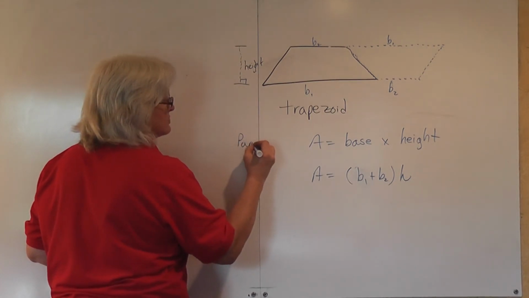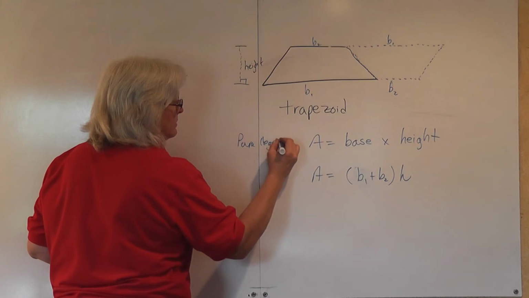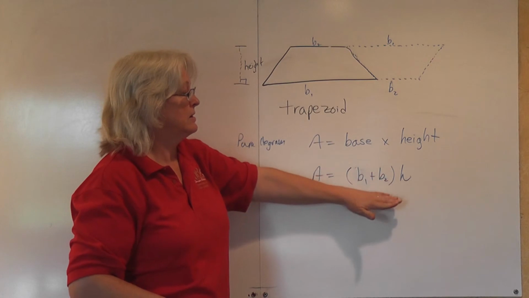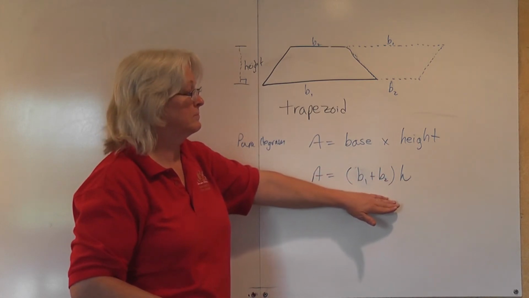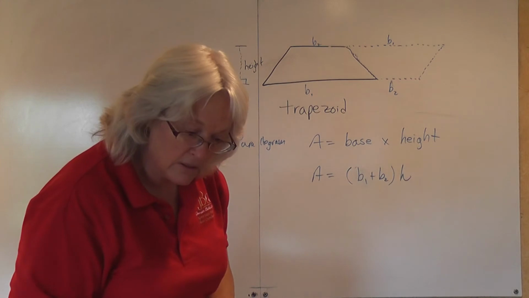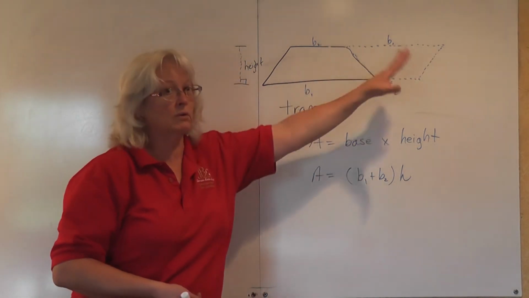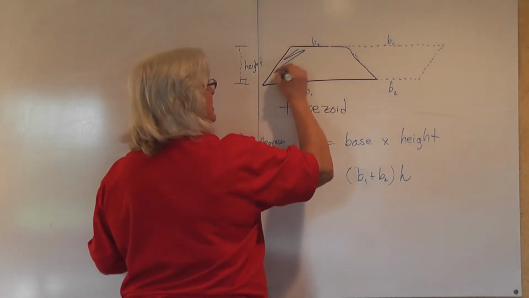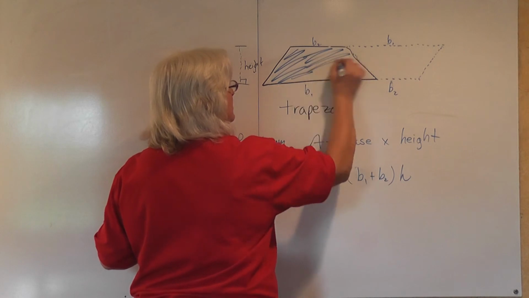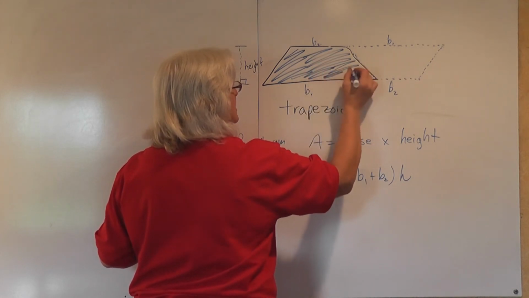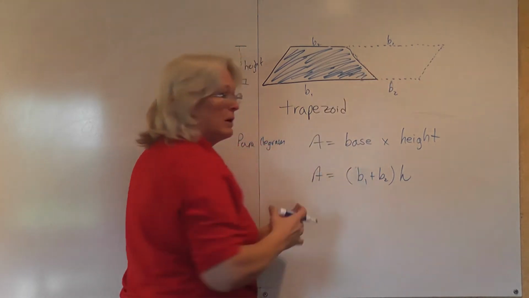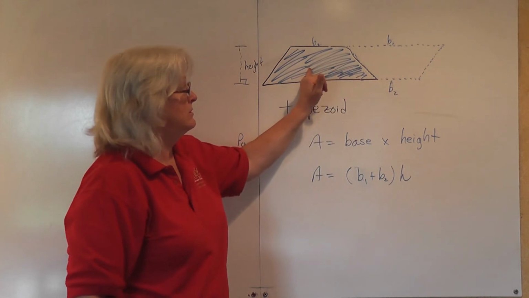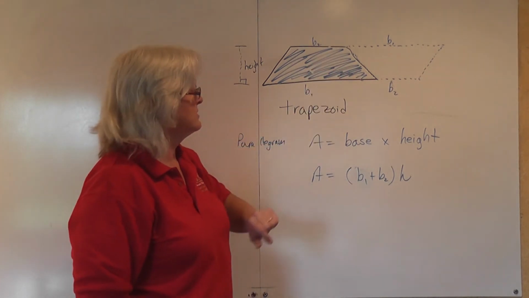Let me write this here in case you're going back. Parallelogram is the base times the height. So the area of this parallelogram is b sub 1 plus b sub 2 times the height. Now, we're not trying to figure out the area of this parallelogram. We're just trying to figure out the area of the trapezoid. Just as two triangles make up a parallelogram, two trapezoids make up that parallelogram also.